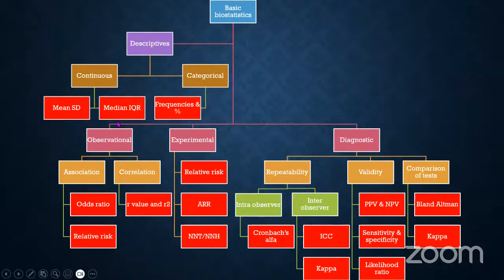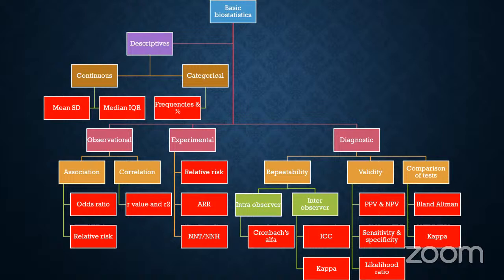Now we are moving on from understanding the research article, where we looked at the study designs and the research question, to a snippet of the basic statistics. So basic statistics can be either descriptive or analytical.